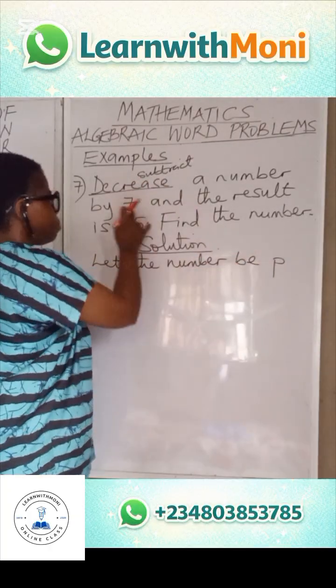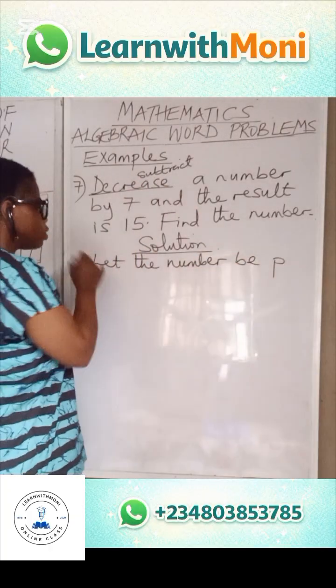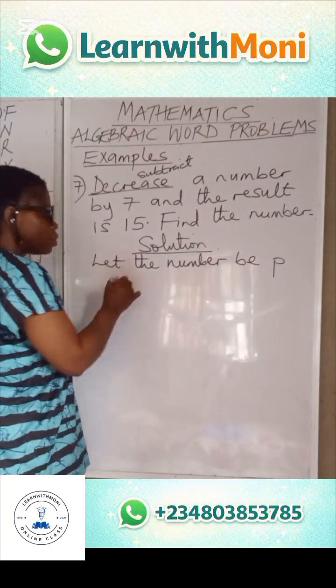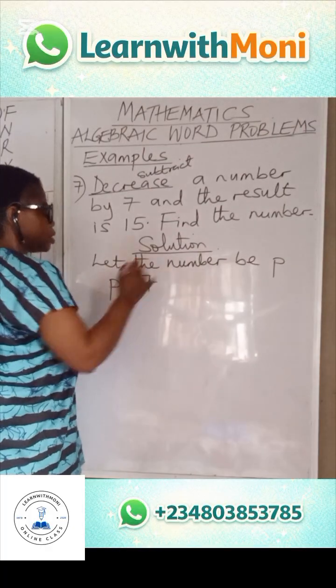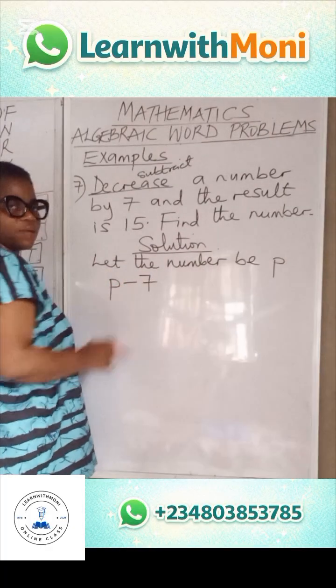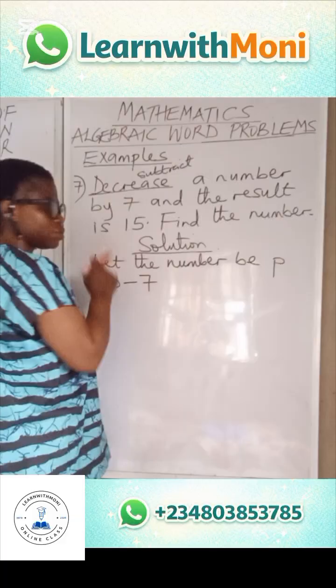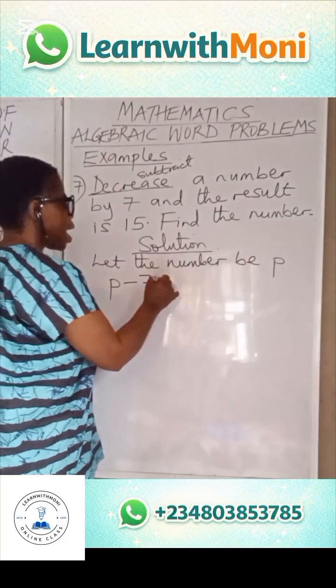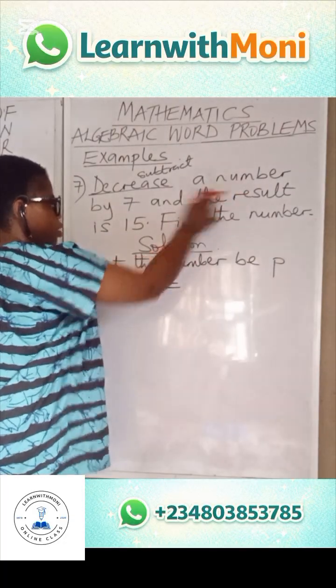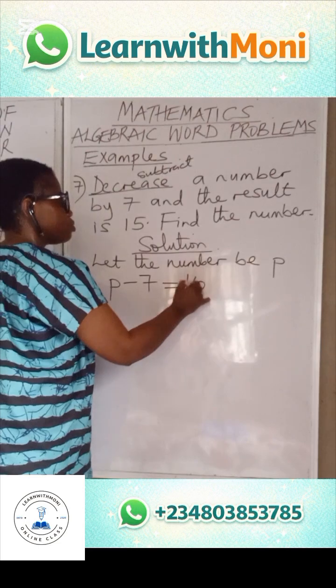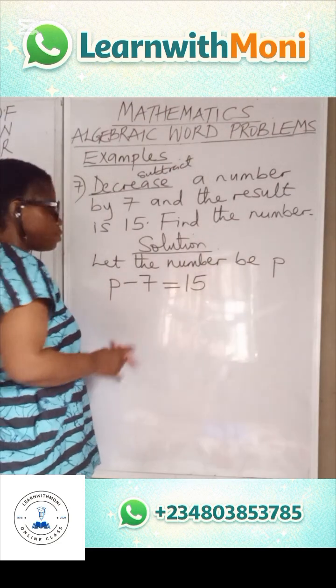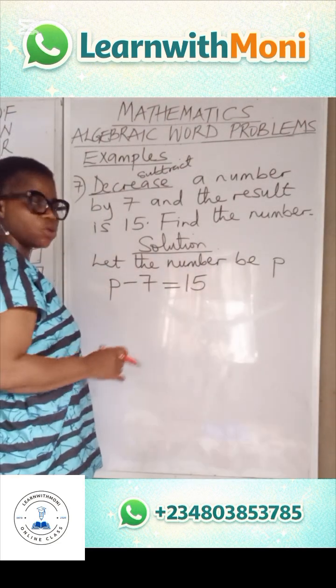Decrease p by 7. That means subtract 7 from p. And the result is 15.